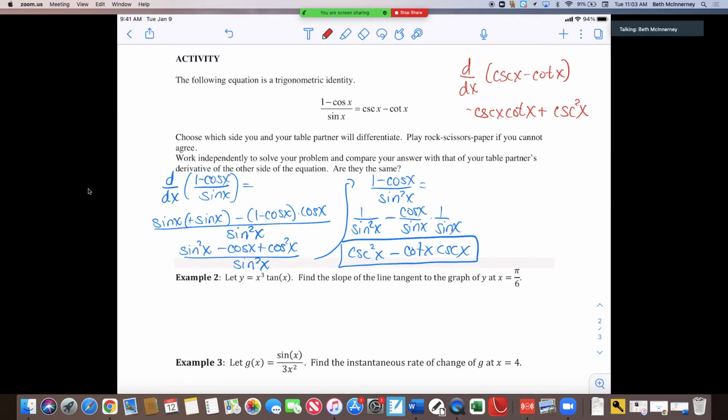Oh, right side people, you lucked out. Do you see those are in fact the same? Yeah. So right side, that was the easy one. The left side was much harder.